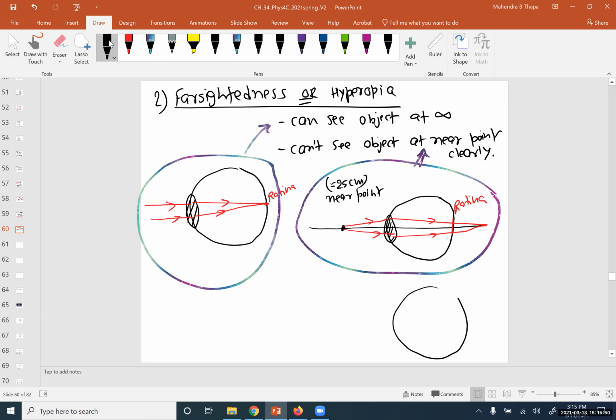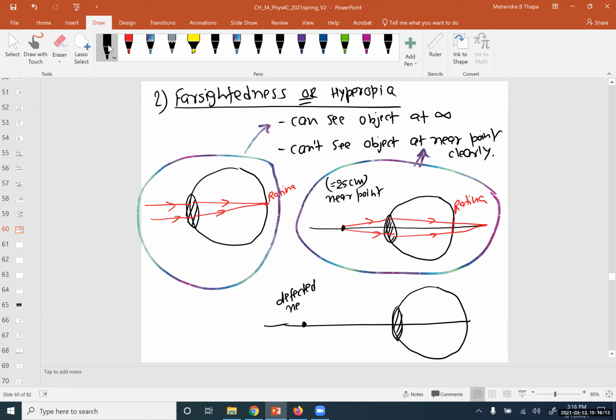So if I draw the picture here, this is my eye lens. The person having this kind of defect has a different near point. Say the near point is somewhere here. So this is the defected near point.